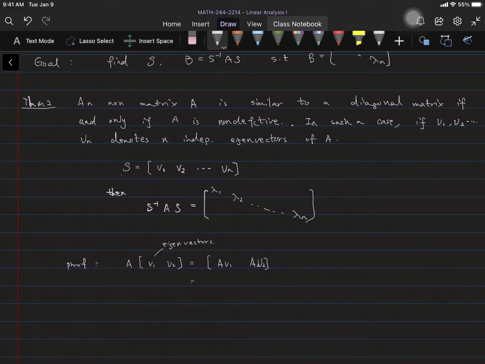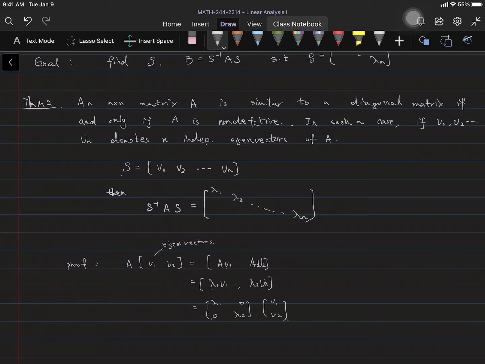AV1 is lambda 1 V1 because V1 is the eigenvector and lambda is the eigenvalue, and same thing here, lambda 2 V2, right? And we can write this as the matrix with lambda 1, 0, 0, lambda 2 times V1 V2.